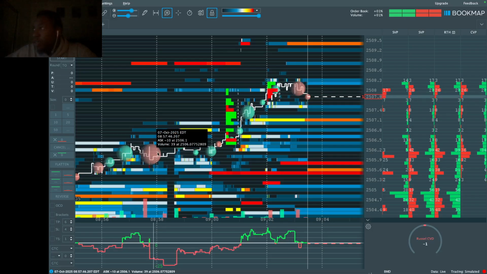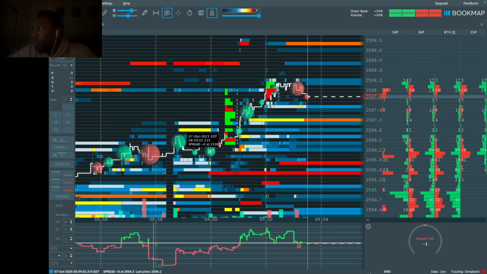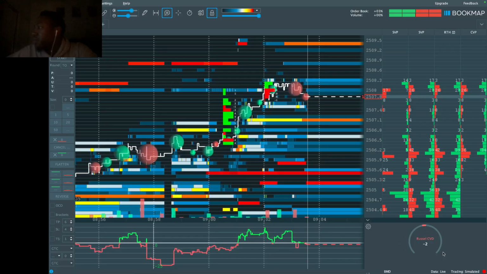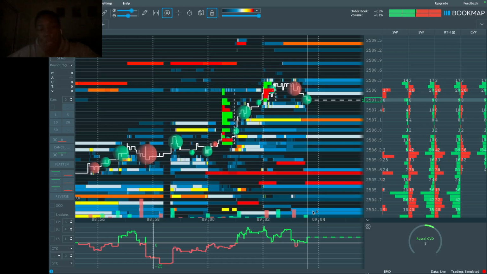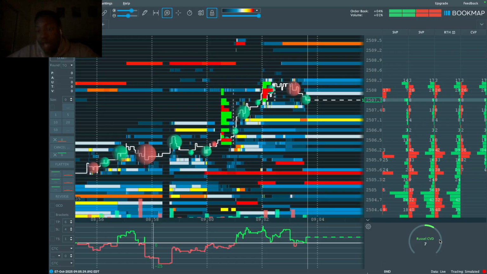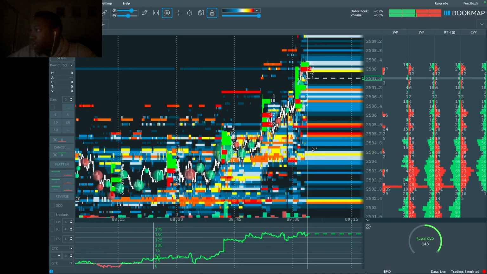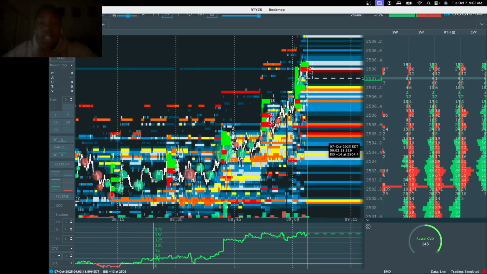And if we're in an uptrend and sellers were in control, but we continue to move up, that means that sellers are weak. You have this indicator right here, which I have as the Russell CVD, but it's just your cumulative volume delta profile. What that means is, geez, this is actually a lot to explain.